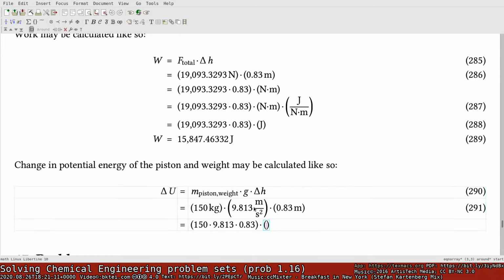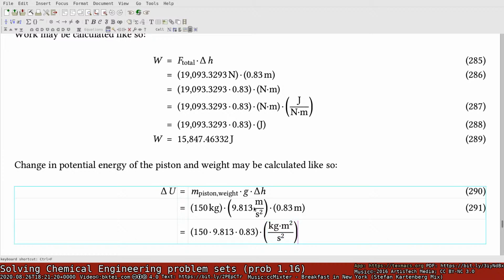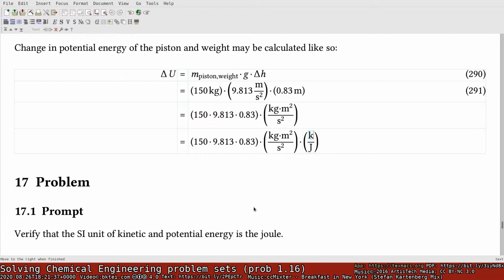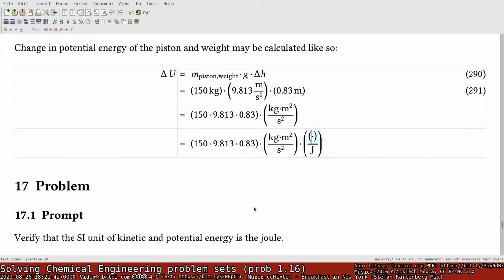And that will be kilogram meter squared per second squared, and that is equal to a joule.